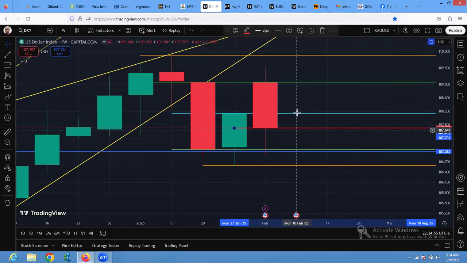So we need a close within this space. A daily close above here, the body of the candle closing above here, is bullish. The body of the candle closing below here is bearish.